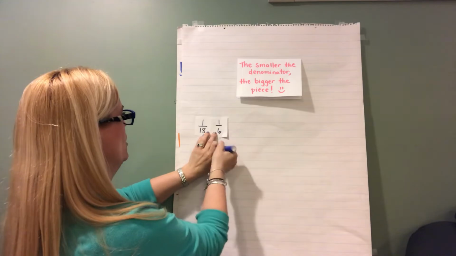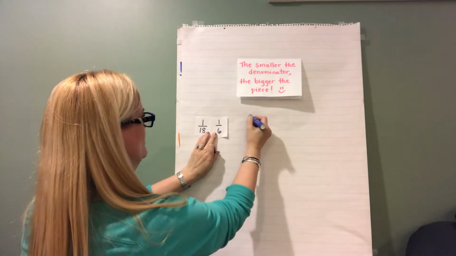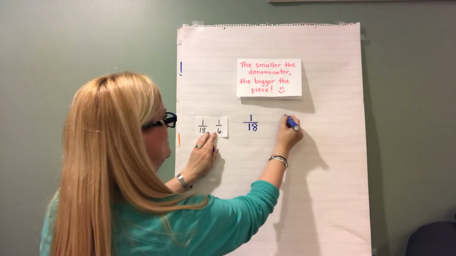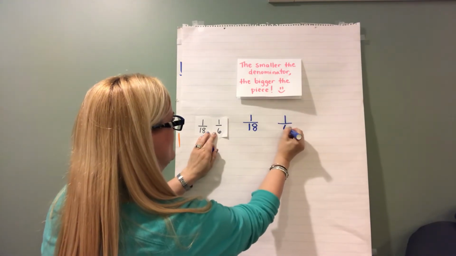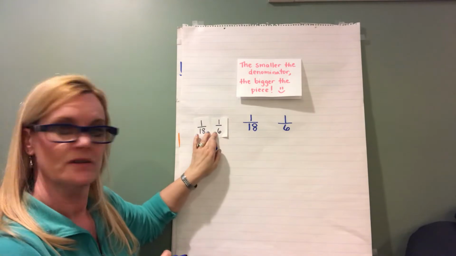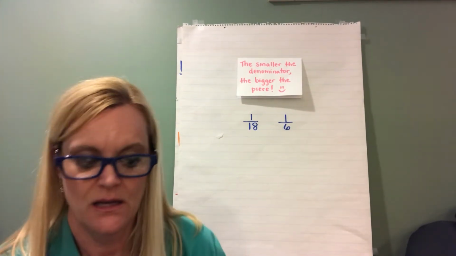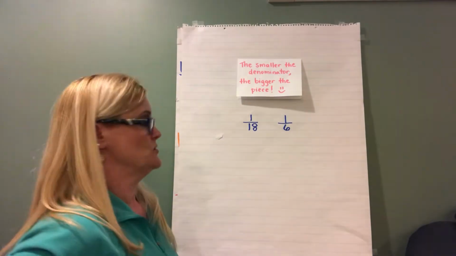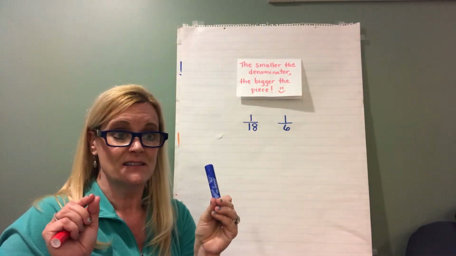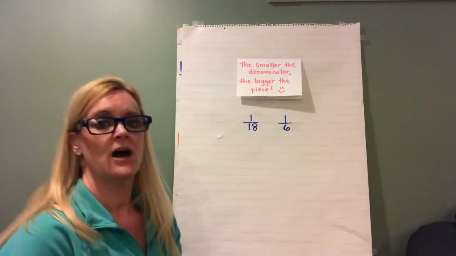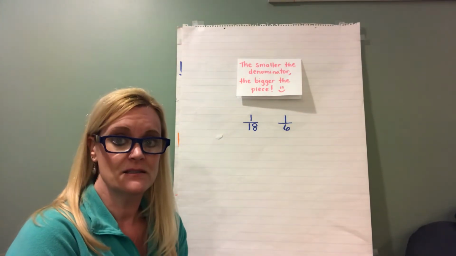So I have 1/18 compared to 1/6. So now I'm going to think, I have something cut into 18 pieces, which is a lot of pieces, but they'd have to be really small, versus something cut into 6 pieces.